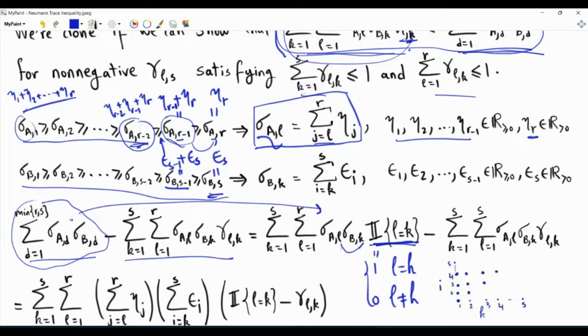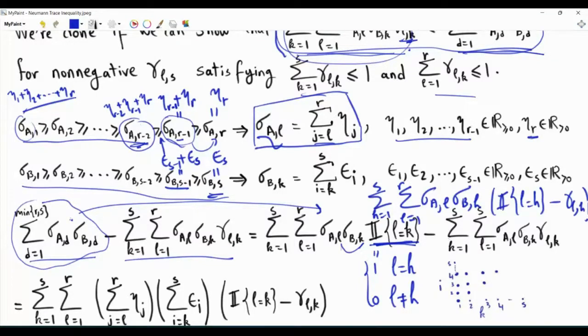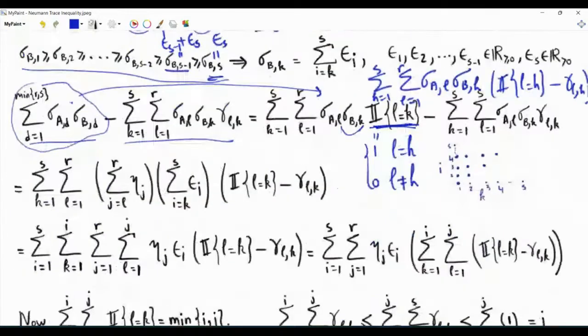Then now combine these two sums, okay, k from 1 to S, L from 1 to R, and then we have the singular values. And then we have indicator L is equal to K minus gamma L comma K, like this. Now write down the sigmas using the etas and epsilons, like this.